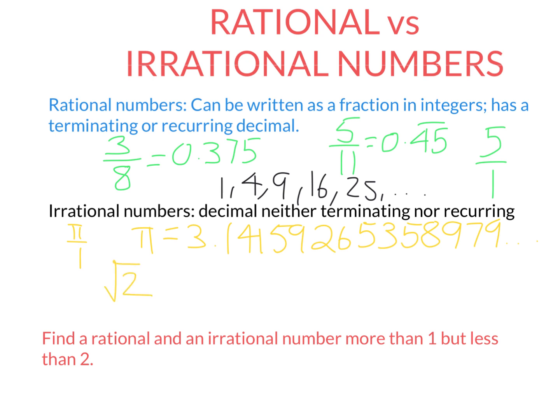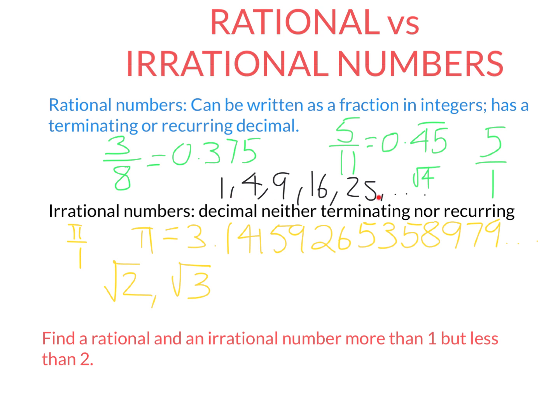The square root of 2 is about 1.4142. It has a decimal that's neither terminating nor recurring. If you were to put root 2 on your calculator, you'd get a decimal expansion that goes forever, but there is no pattern to it. Of course, something like the square root of 3, that is irrational because 3 is not a perfect square. But the square root of 4, that's rational. The square root of 4 is just 2. 4 is a perfect square.